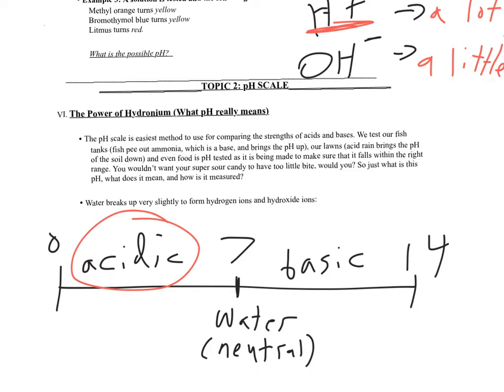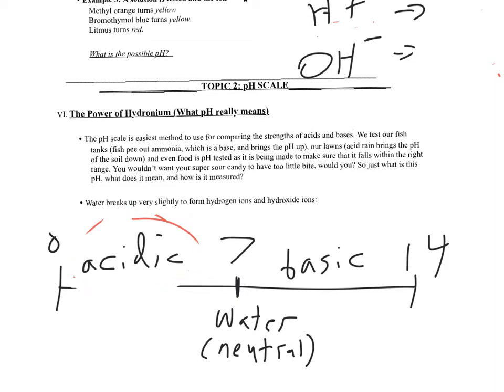If I switch it, and I have very few H pluses and many hydroxide ions, that would mean that I'm basic.